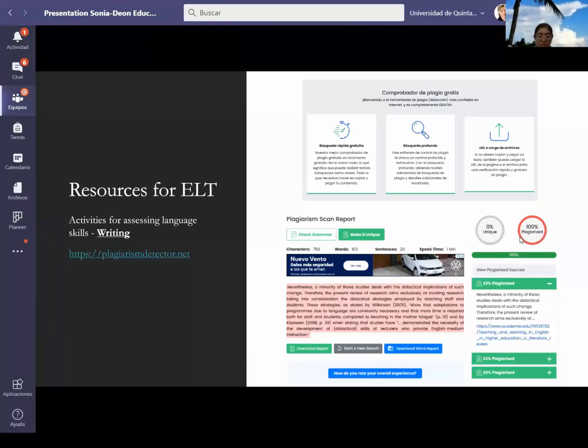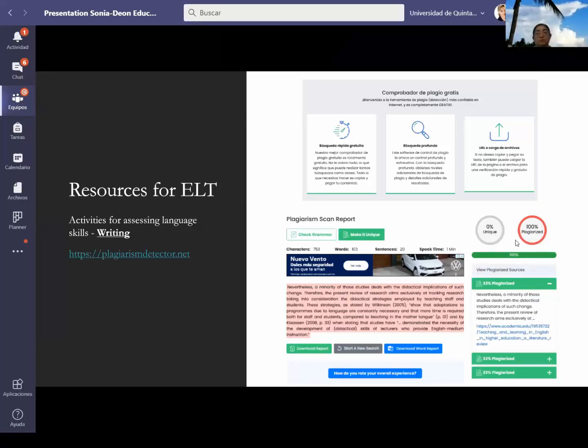And not only that, but it also tells you the sources and the links to where that information was obtained from. So this is an important tool to have as teachers as you're grading writing activities because it helps you identify what tasks were really completed by your students and which ones weren't, okay?